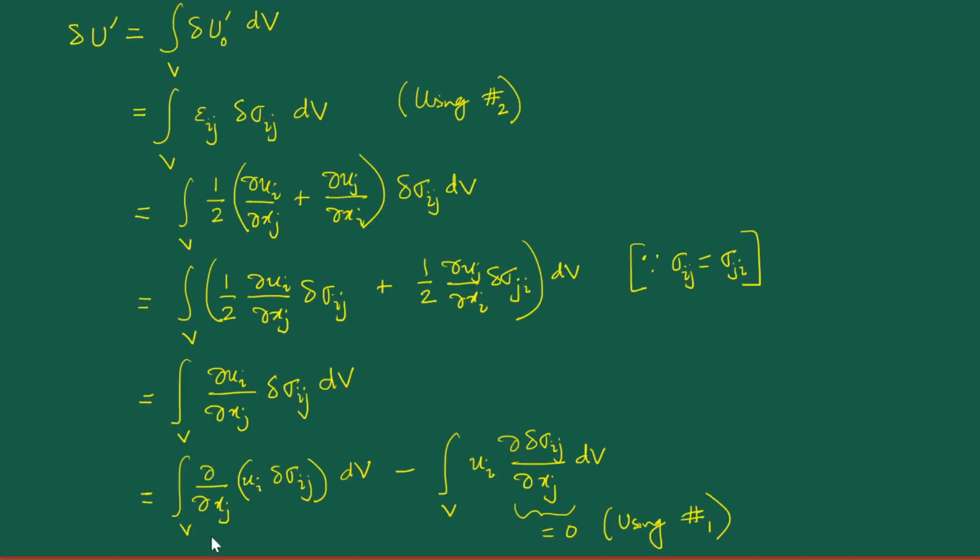So we continue in the next slide. Delta u dash, which is just the left hand side, is going to be equal to this term. We write that again: del del xj of ui delta sigma ij dv.